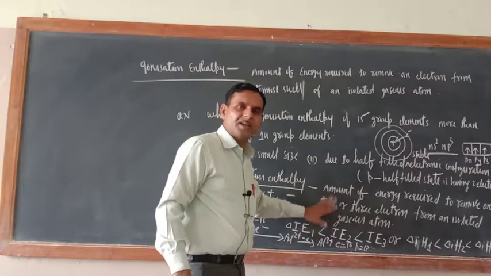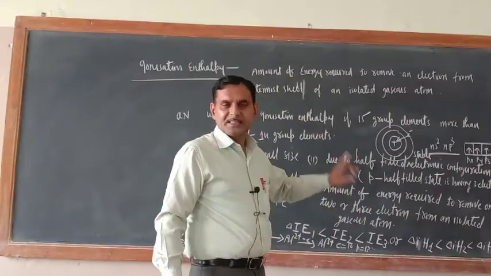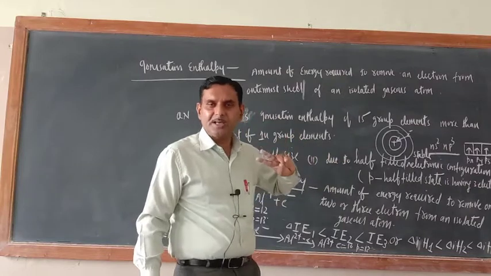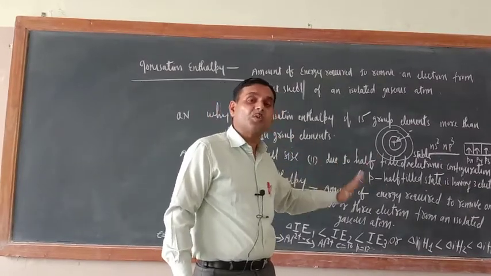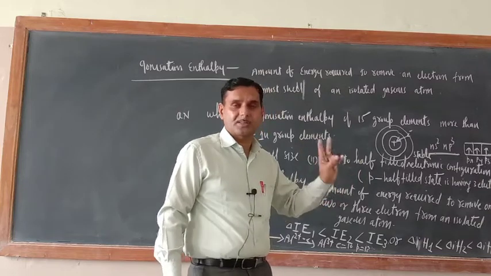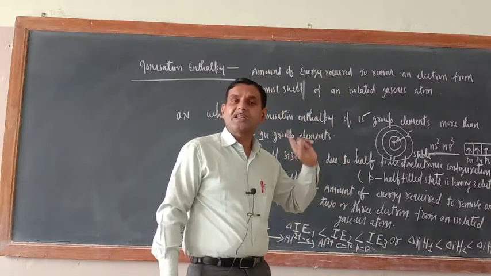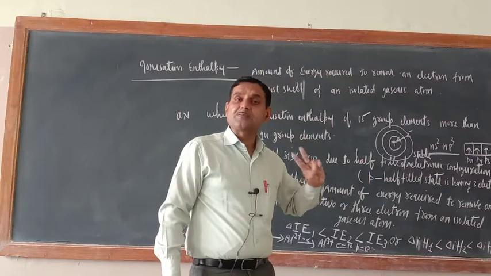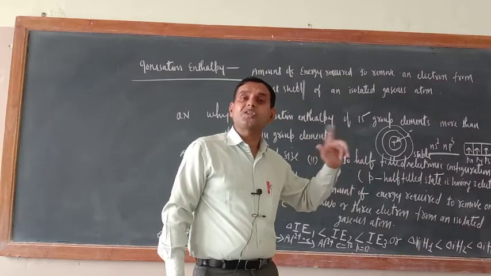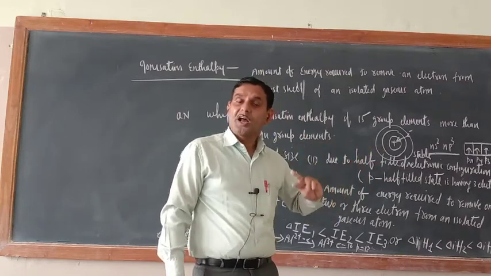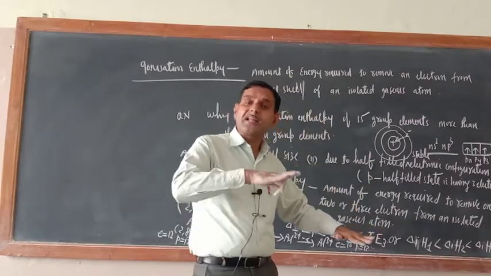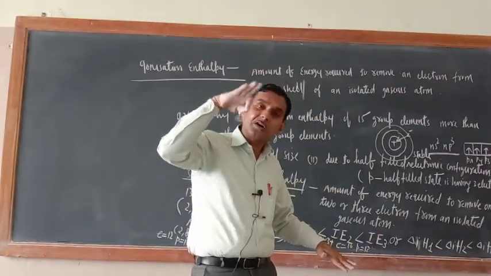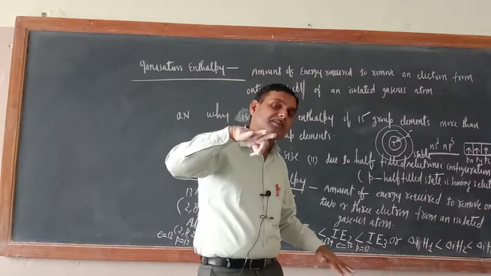I hope that you understood. Once again, the successive ionization enthalpy value for removal of the third electron is more than that of first and second, because once 1 electron is removed, the species is converted into a positively charged species. In a positively charged species, the number of electrons is less while the number of protons is more, and because of protons, nuclear charge will be more.